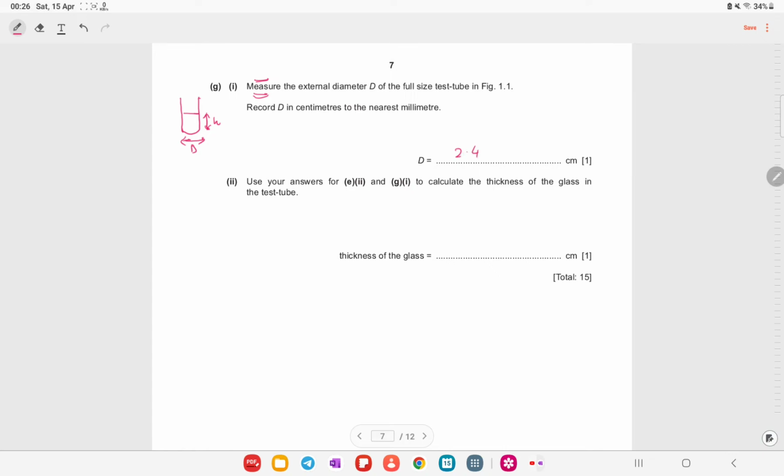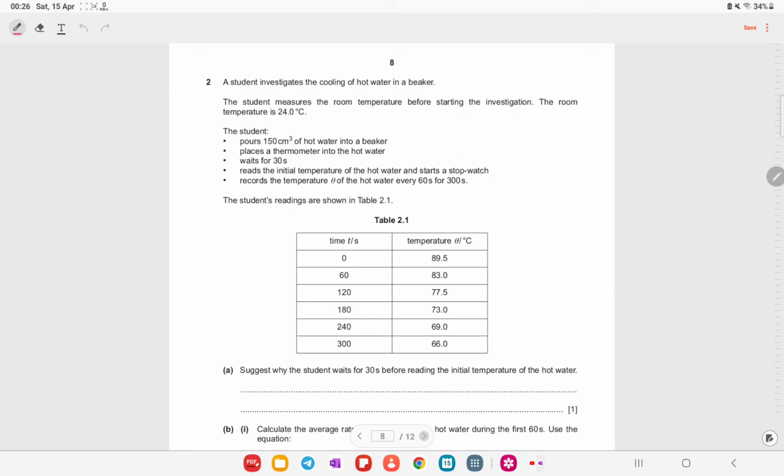Use your answer in E2 and G1 to calculate the thickness of the glass in the test tube. If I take those values, it's going to be 2.4 minus 2.17 divided by 2, so you'll get 0.12. So this is again quite easy and simple.